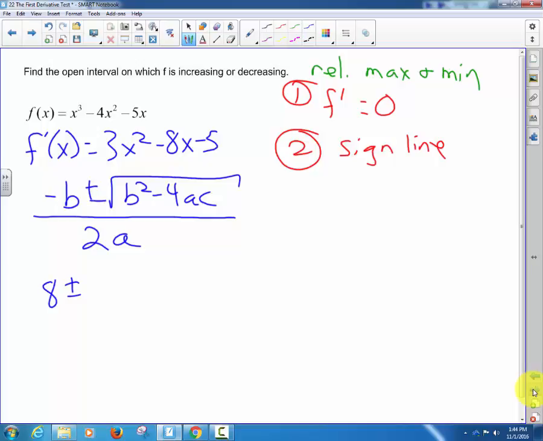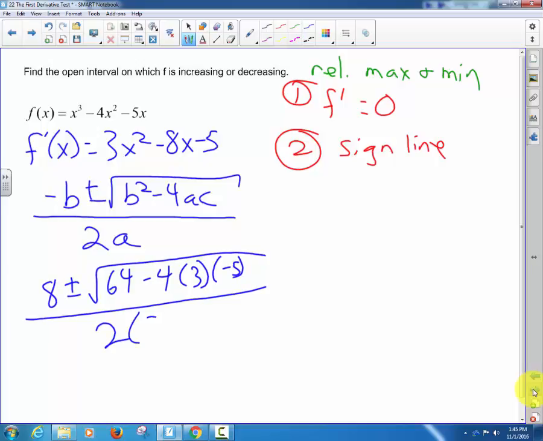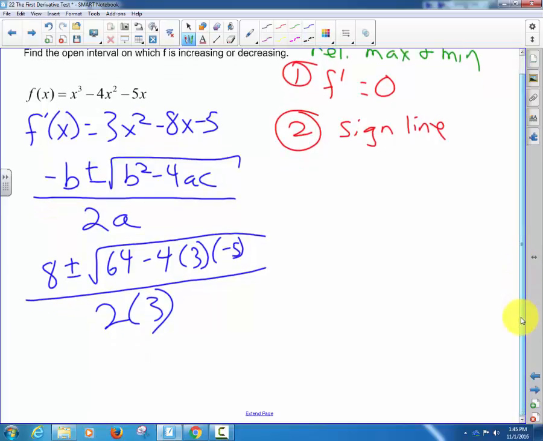8 plus or minus the square root of 64 minus 4 times 3 times negative 5 all over 2 times 3. 4 times 5 is 20 and 3 is 60, so we've got 8 plus or minus 2 over 6, which gives me 8 plus 2 is 10 over 6, which is 5/3.